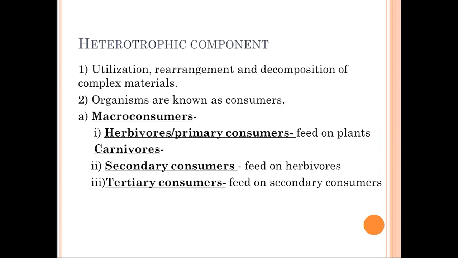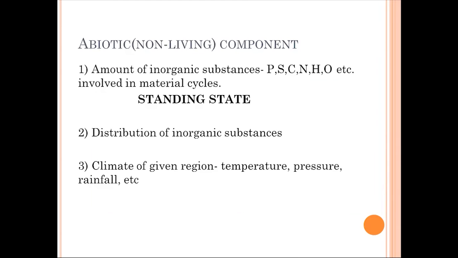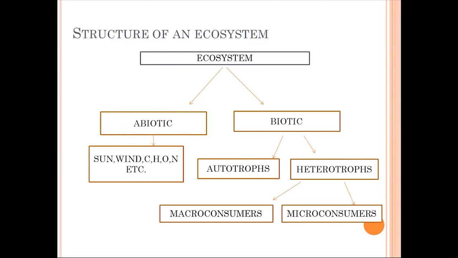What are the characteristics of heterotrophs? They are responsible for utilization, rearrangement, and decomposition of complex materials. What is another name for heterotrophs? Consumers. Consumers again are classified as macro consumers and micro consumers.